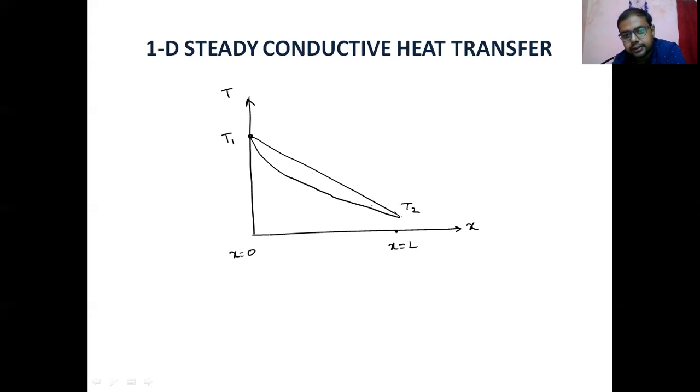If it is like this, the slope is decreasing in trend, so the area is varying.